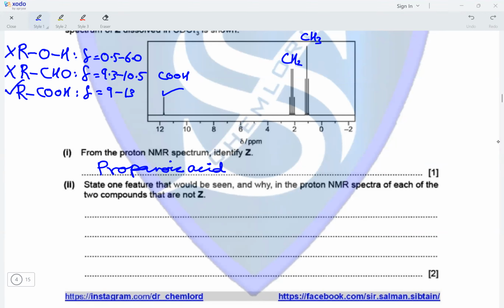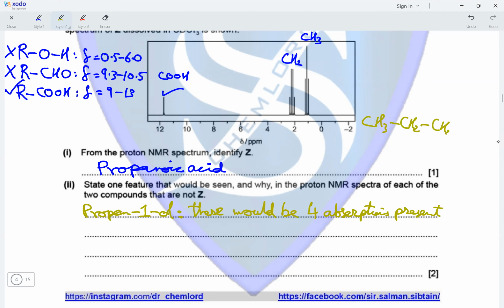Next, state one feature that would be seen and why in the proton NMR spectrum of each of the two compounds that are not Z. So for propan-1-ol, there would be 4 absorptions present, because if you look at the structure of propan-1-ol, it is CH3 next to CH2 next to CH2 next to OH.